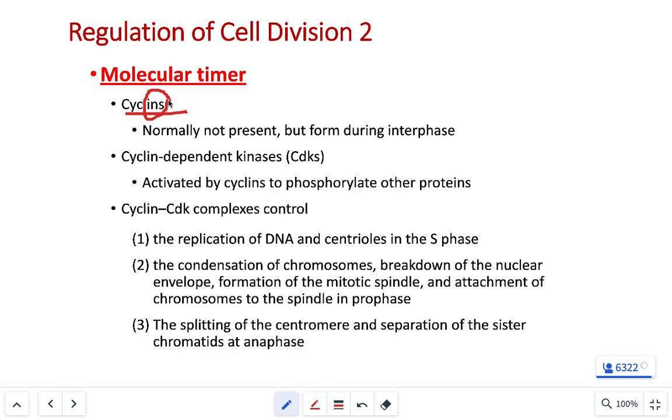We have some other proteins, cyclin-dependent kinases, that are going to be turned on and off by the cyclins. So, these enzymes can be activated by the cyclin. It's an enzyme, it ends with an "ase."